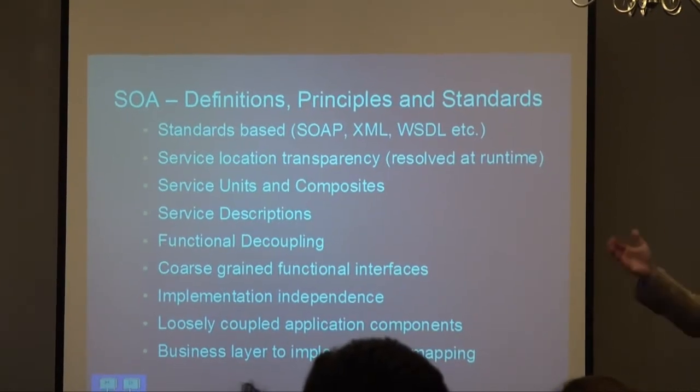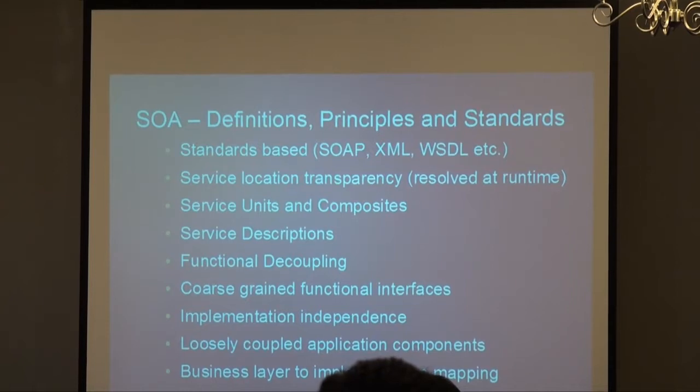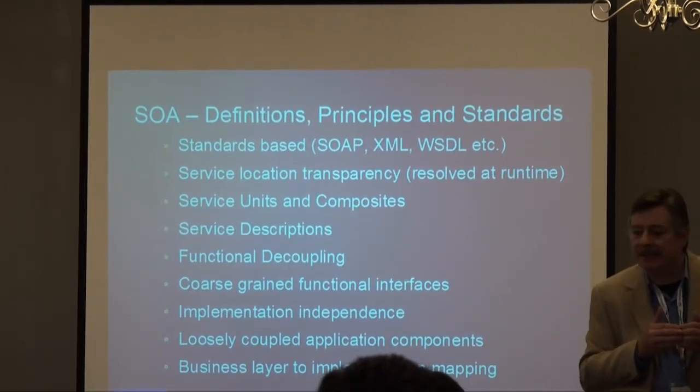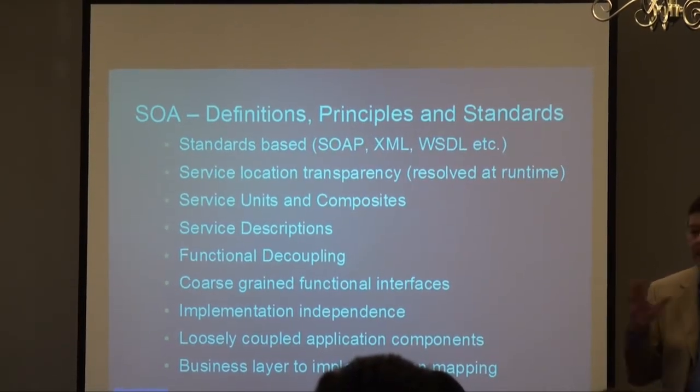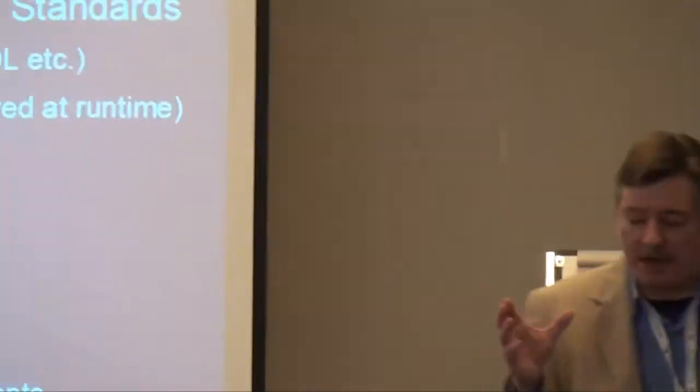And given XML is very verbose and not the fastest way to process something, the industry came up with the idea that we need coarse-grained function interfaces, which means, and I will bring an example from the OGC later that explains what this means, that you put a lot of functions into one interface, and whatever you send to it, it will find out the ones that it supports and then execute this.